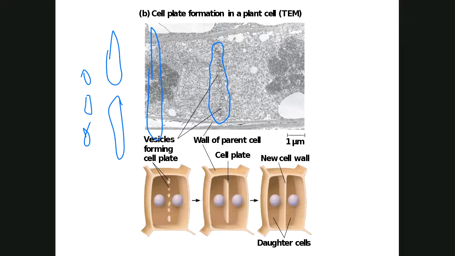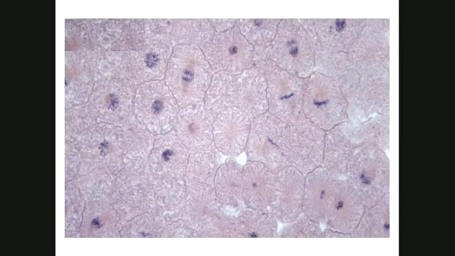Now we'll get some practice in this in lab, but let's look at some animal cells. These are animal cells, and see if we can pick out some of the stages that they're in. And let's go simple first. What stage is that? The little dark purple part of the chromosomes, and then you can even see the spindle fiber.